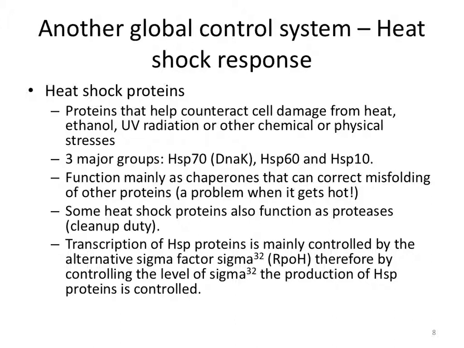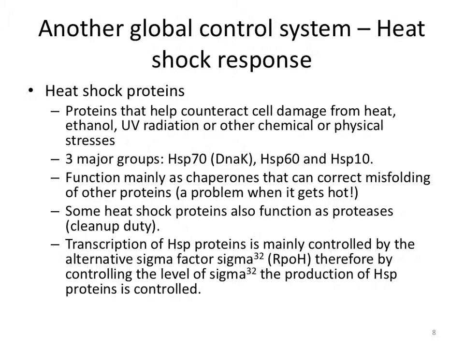Those are proteins that can correct misfolding of other proteins. That's a real problem when temperature increases. And many of them can also function as proteases to degrade other proteins that have been denatured due to high temperature. Transcription of heat shock proteins is mainly controlled by the alternative sigma factor, sigma 32, also called RPOH.